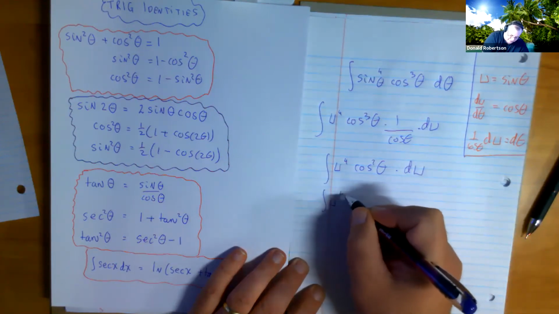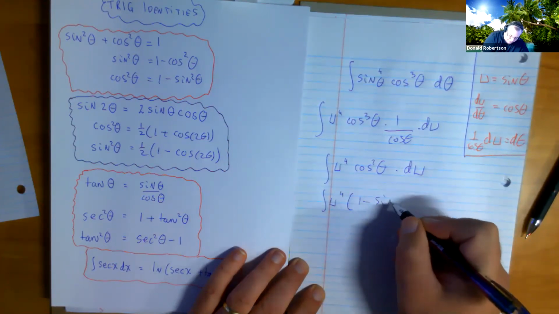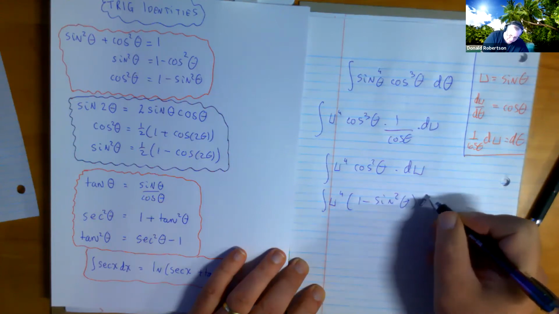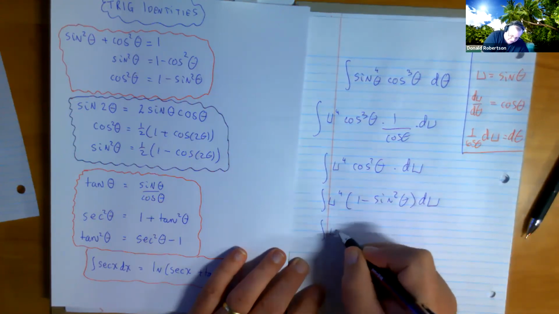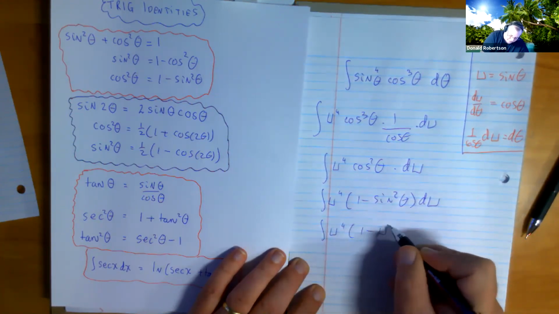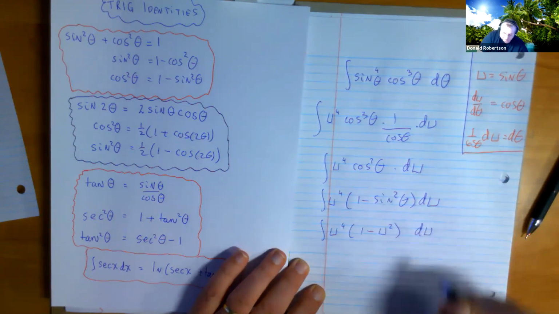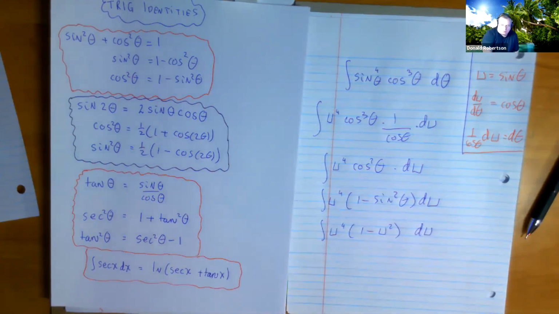And this fella becomes 1 minus sine squared. And this fella becomes 1 minus u squared. Now, hopefully there'll come a point in time where you don't need every single one of those lines, that you can go from line 2 to 4 or line 1 to 3 or whatever it is, right? You can skip a line here and there, because they're kind of the same old, aren't they?